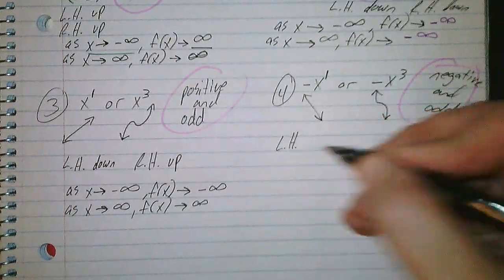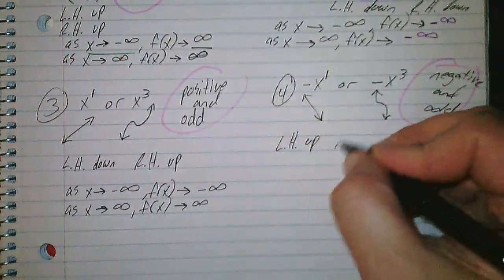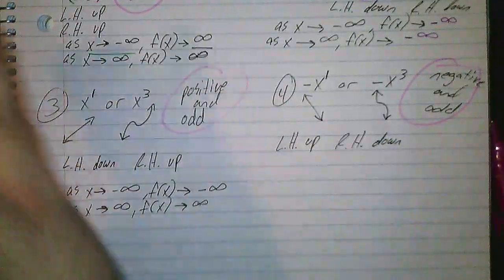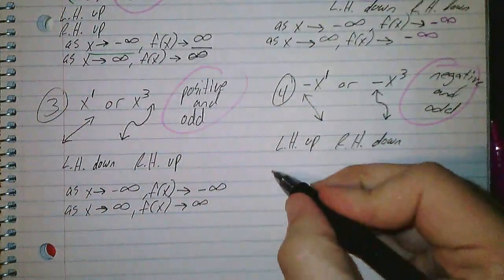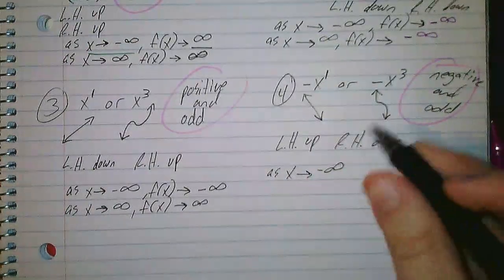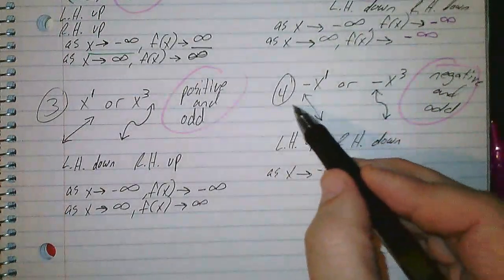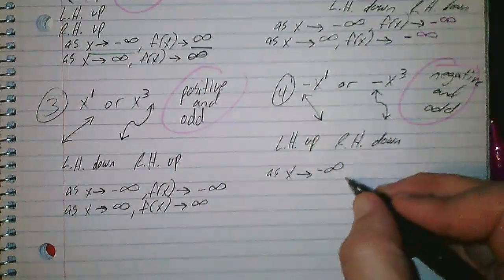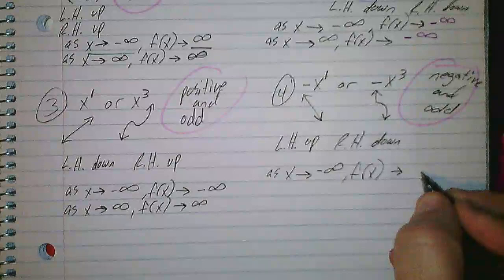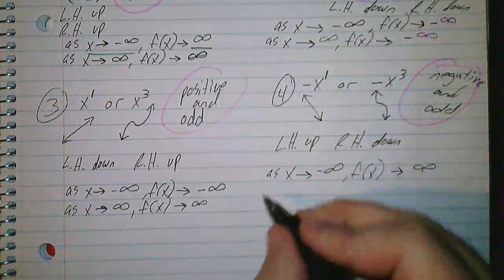So here we have the left hand going up and the right hand going down, which means as x approaches negative infinity, as the graph moves to the left, the graph is going up, which means f of x is approaching positive infinity.